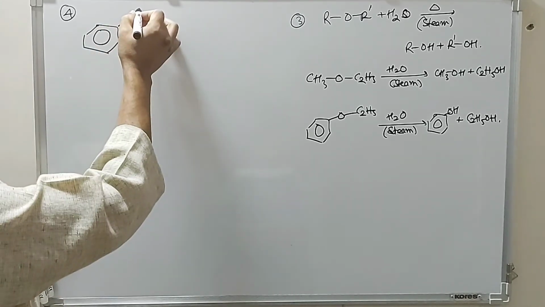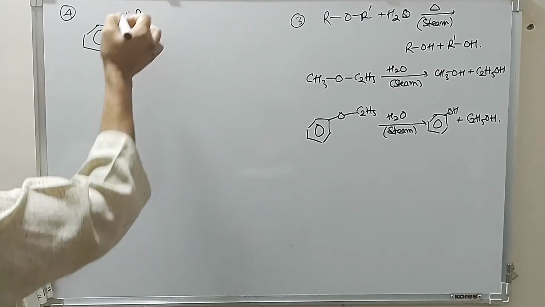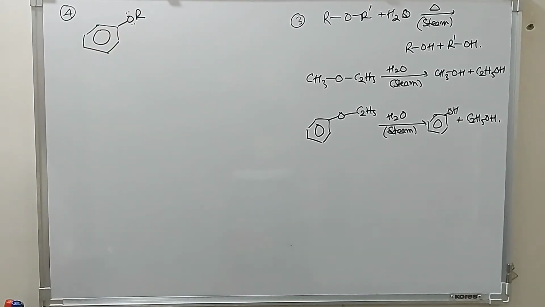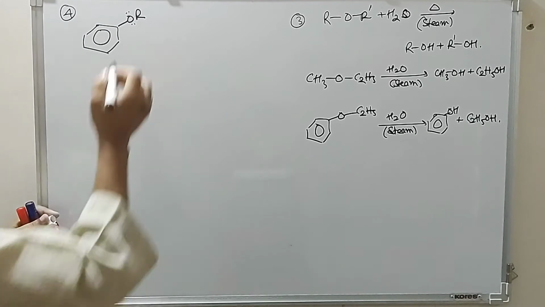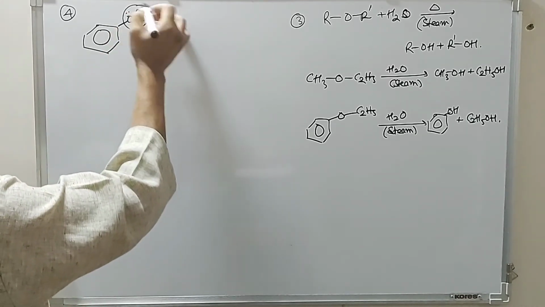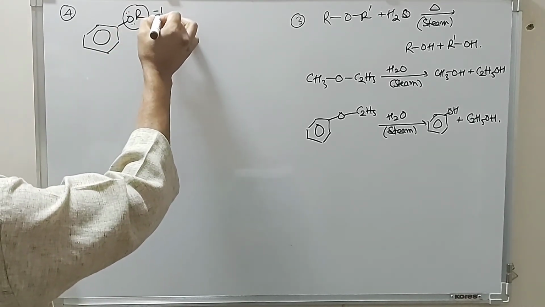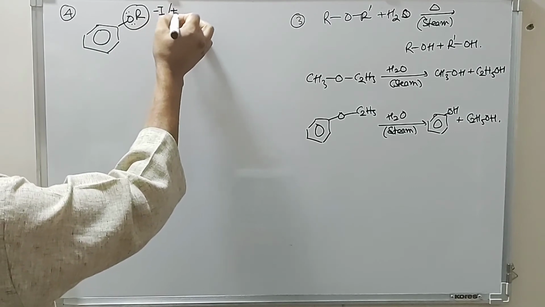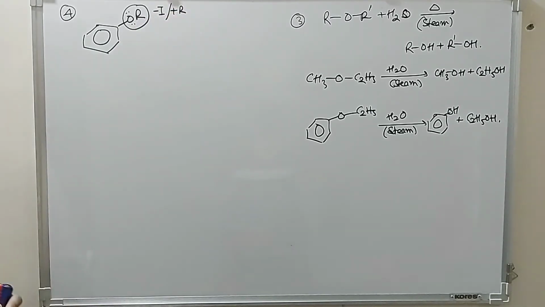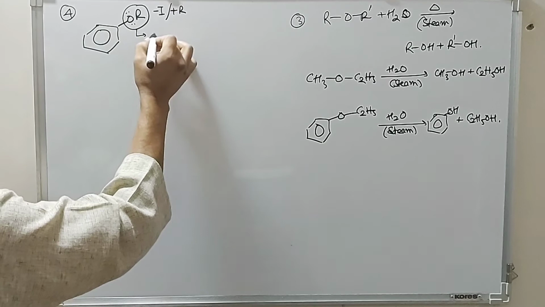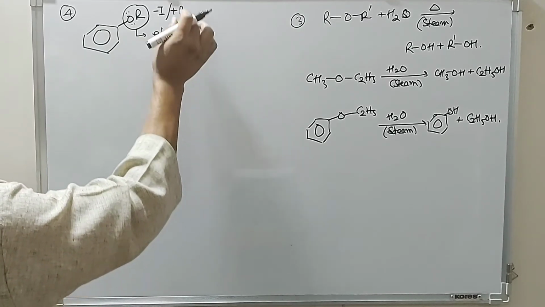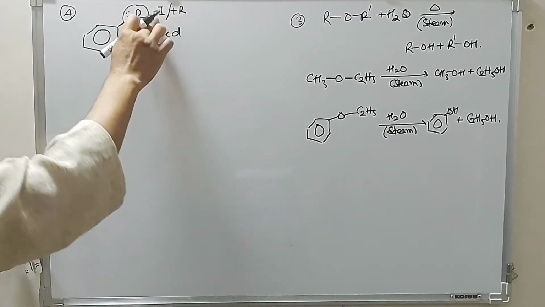This alkoxy group has oxygen with two lone pairs of electrons. The alkoxy group shows electron withdrawal by induction plus electron release by resonance. So ultimately we say this is electron releasing, because plus R effect always dominates over minus I effect.